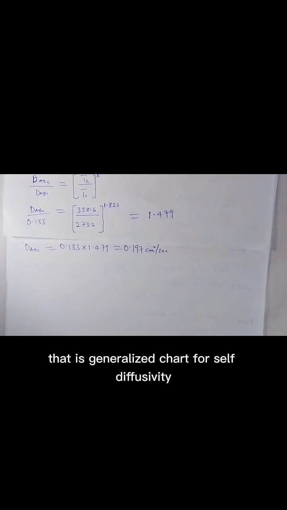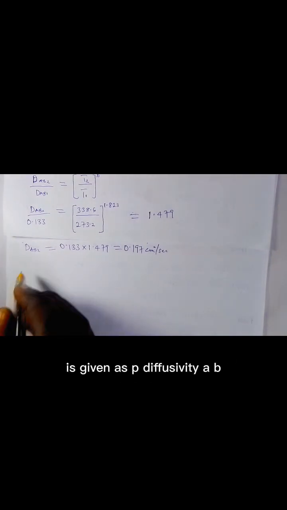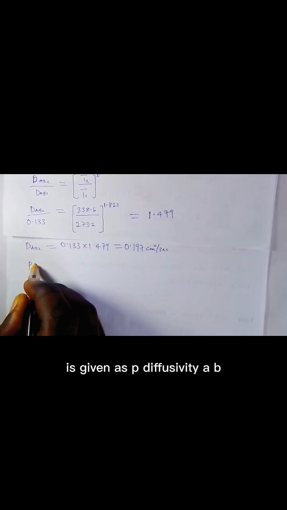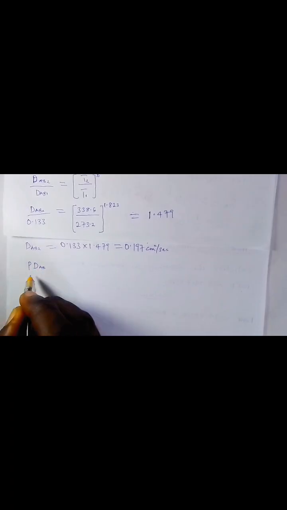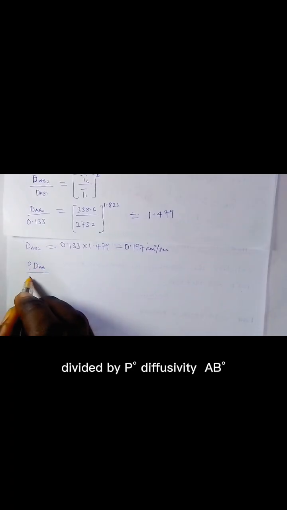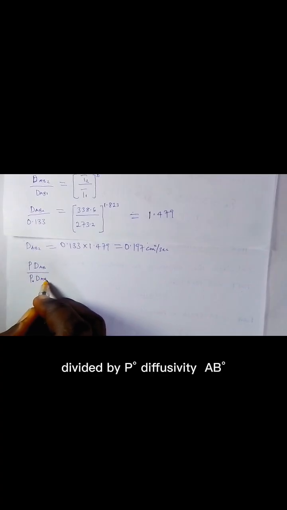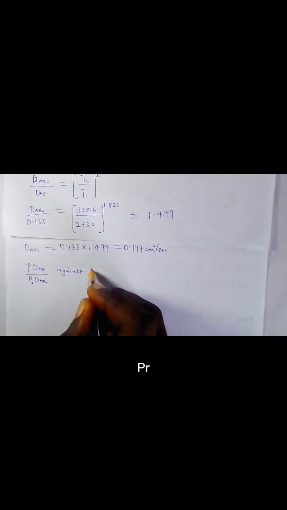That is, generalized chart for self-diffusivity is given as P diffusivity AB divided by P naught diffusivity AB naught is plotted against PR and TR.